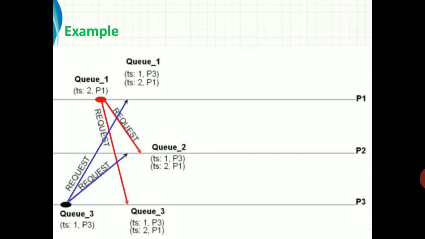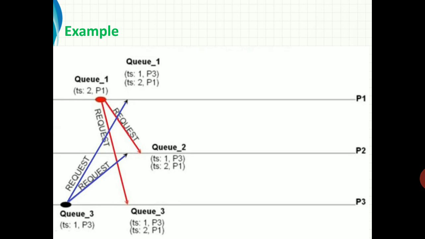The request message from P3 is timestamped 1 and the request message from P1 is timestamped 2. So the request message from P3 will come on the top of the queue, at the front, then the second message from P1. At the same time, Q2 will also sort the messages based on the timestamps. The queue contains P3 at the front, then P1.